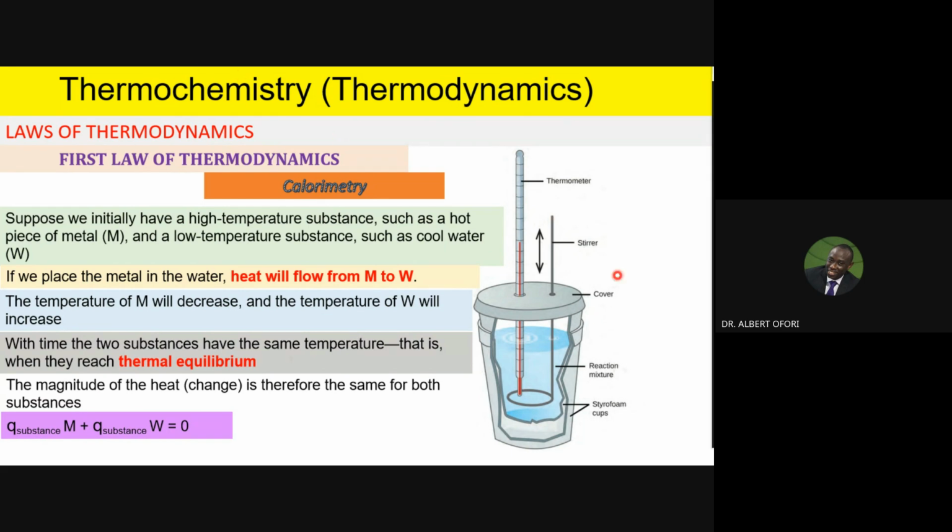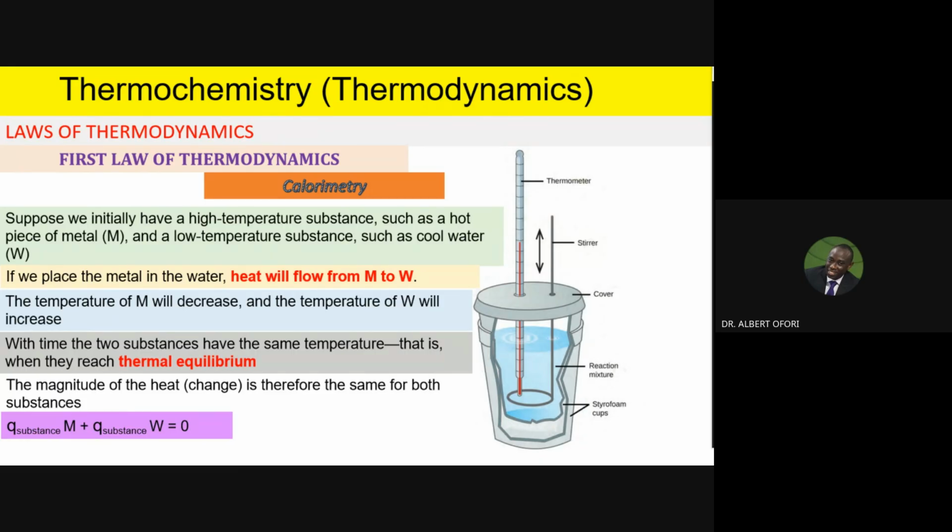So basically the equation is that the summation of the heat involved in the calorimeter is equal to the negative of the heat of the water. Am I making sense? Okay. So please note that the heat of the metal is equal to the negative of that.